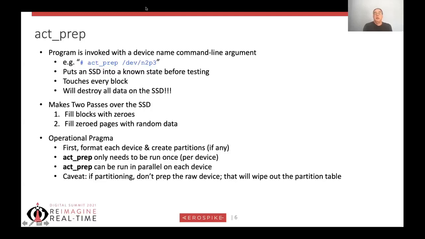Depending on your system, it's likely to be faster than doing them serially. One caveat is if you're partitioning, be careful not to accidentally specify the raw device /dev/sda, because that'll wipe out the partition table and you'll have to start over.